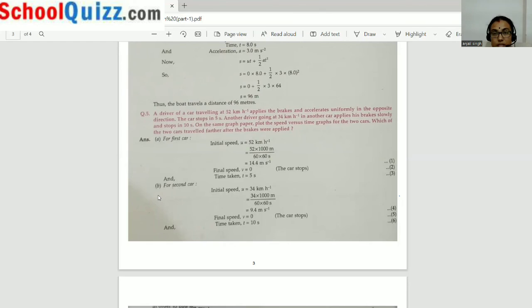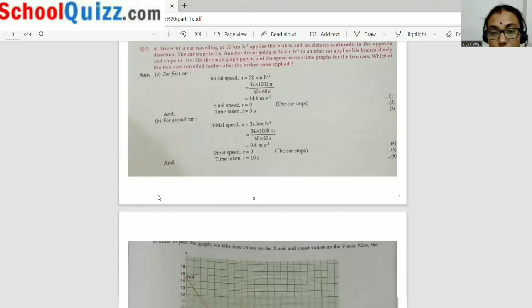And for the second car, the initial speed is again 34 multiplied by 5 by 18, or multiplied by 1000 upon 3600. They both are same. Clear? Now, final speed is here also 0 because the driver applies the brake. Time taken in the first case will be 5 seconds, and in the second case that will be 10 seconds. So you've got the values of everything.